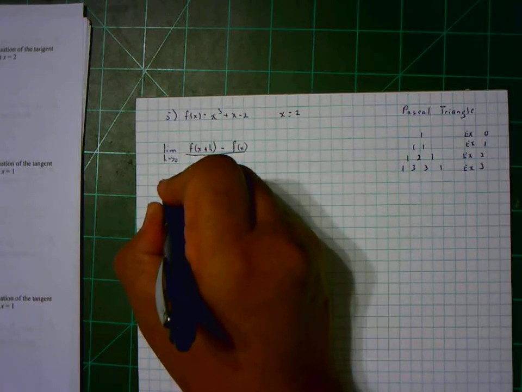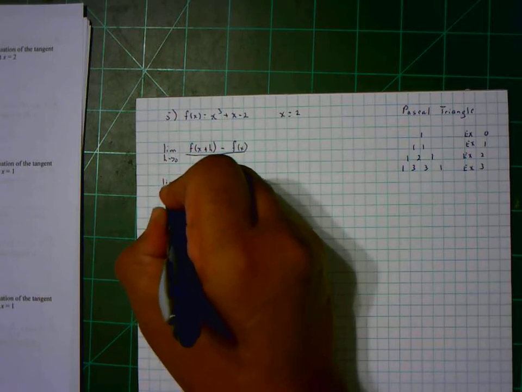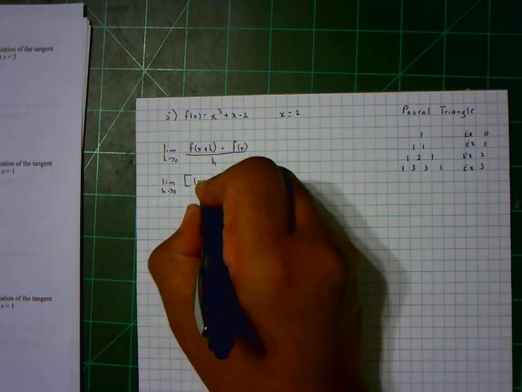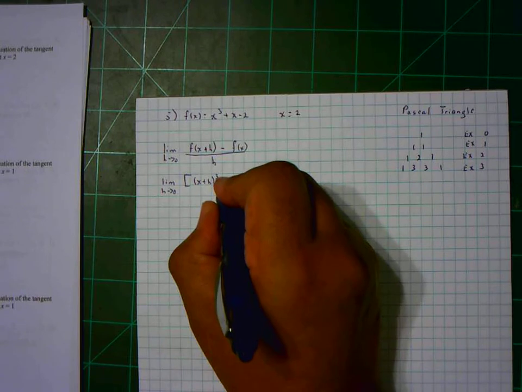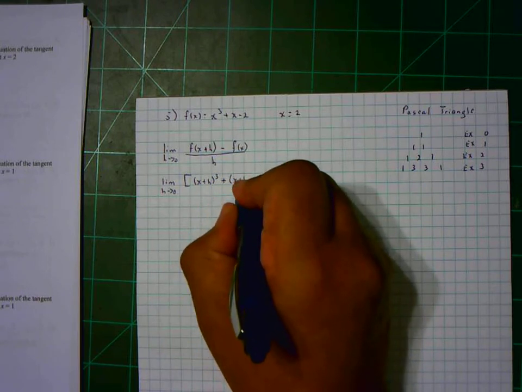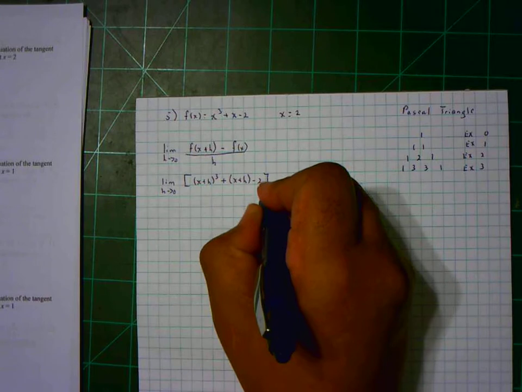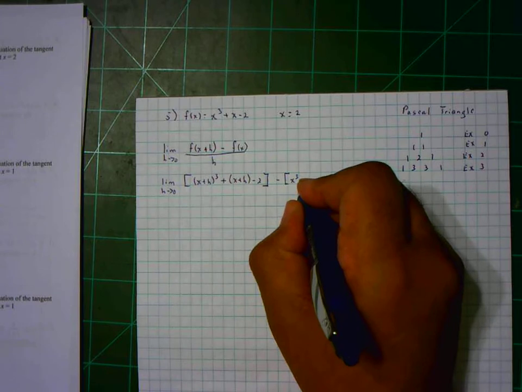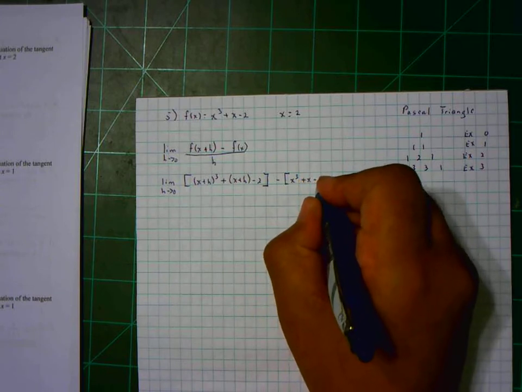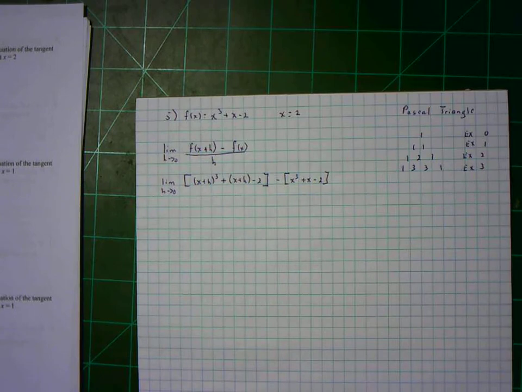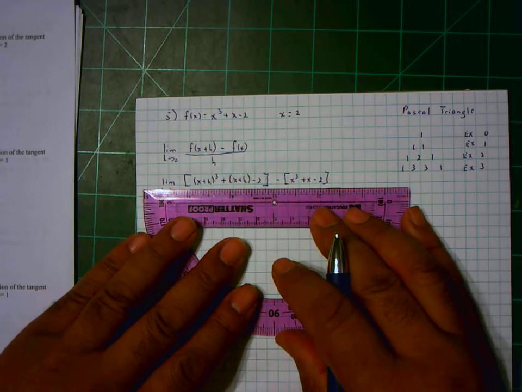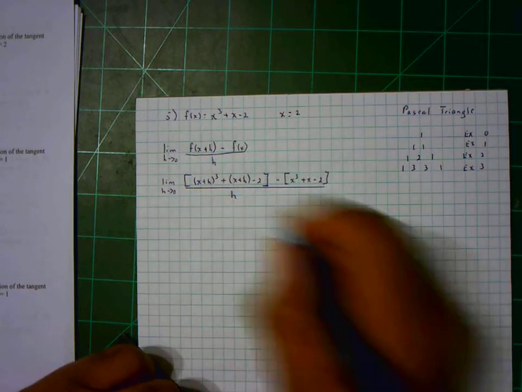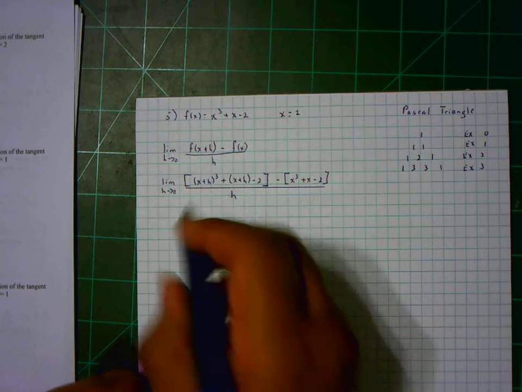So this is the limit as h goes to 0 of x plus h cubed plus x plus h minus 2, minus x cubed plus x minus 2, all over h. Now this is where I'm going to use Pascal's triangle to expand this.